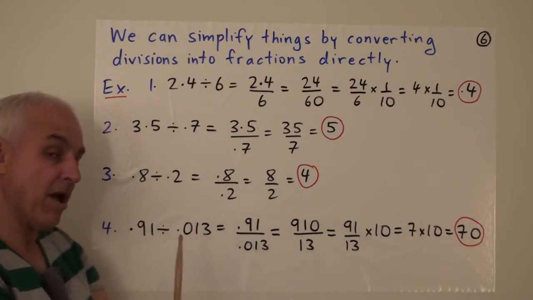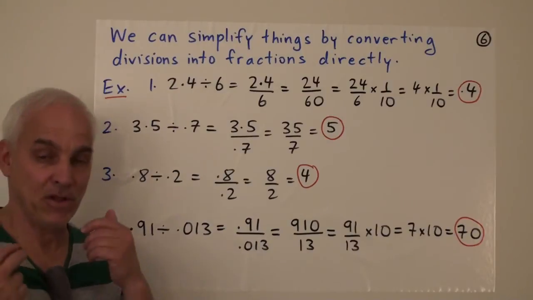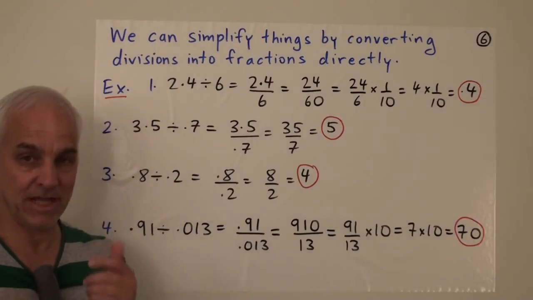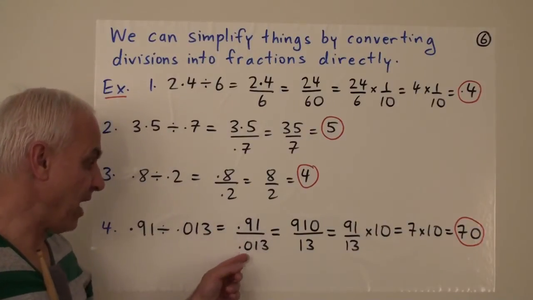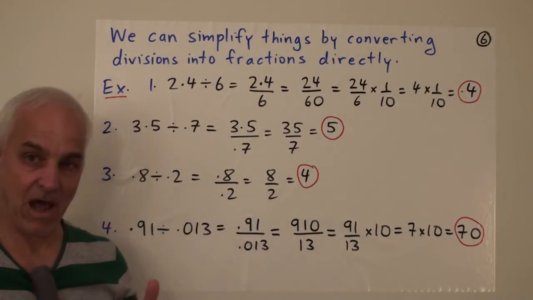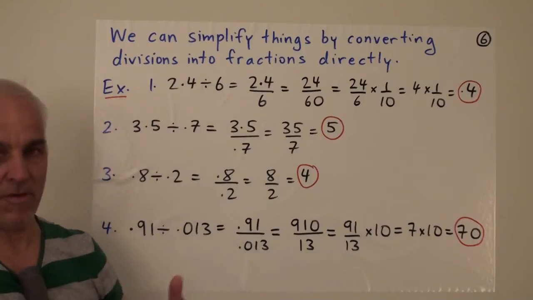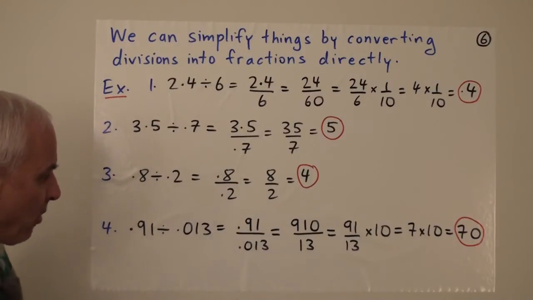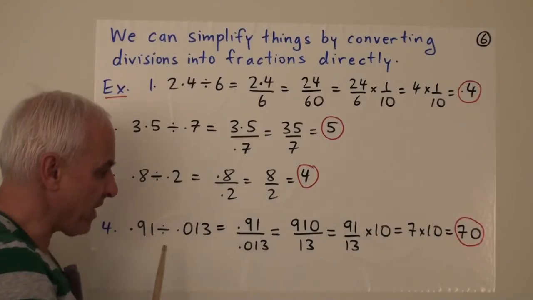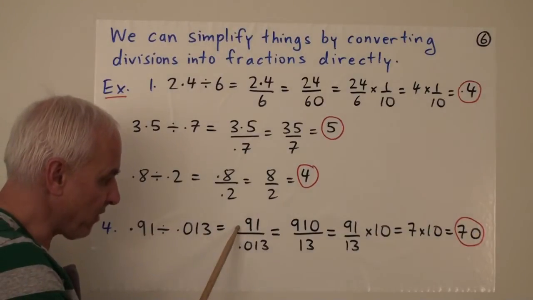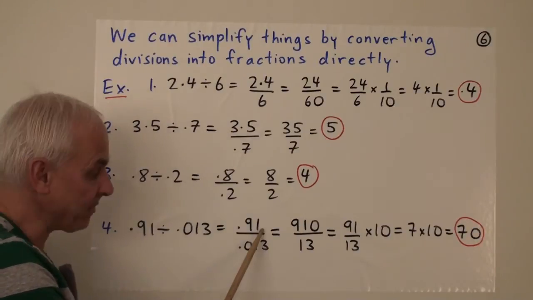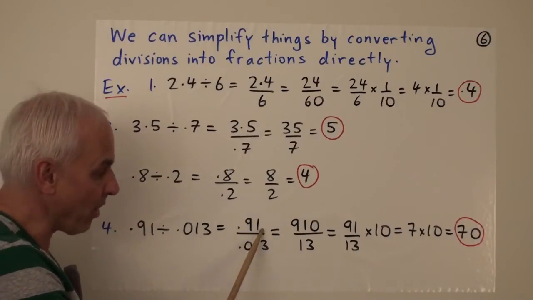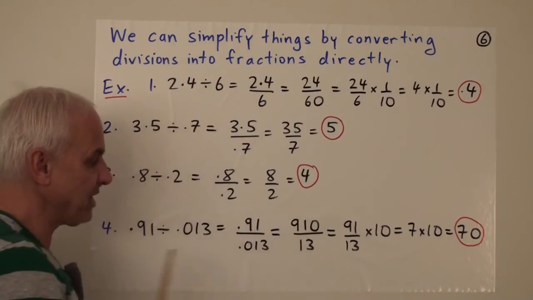So what are we going to multiply by? We're going to multiply by the larger of the two numbers that's required. We have a choice between 100 and 1,000. We're going to multiply both sides by 1,000 because that's going to take care of both of them. When we multiply 0.91 by 1,000, the decimal place moves over 3. 1, 2, and then when we move it over once more, we're going to get 910.